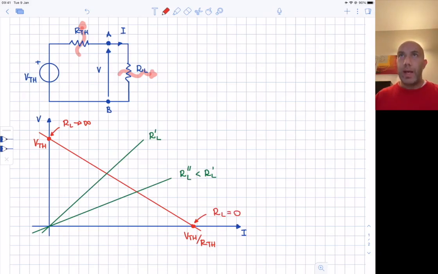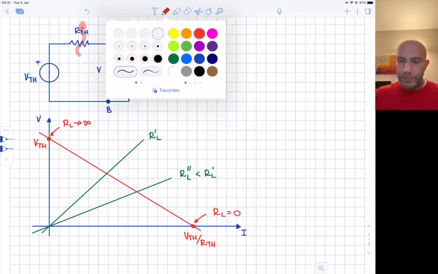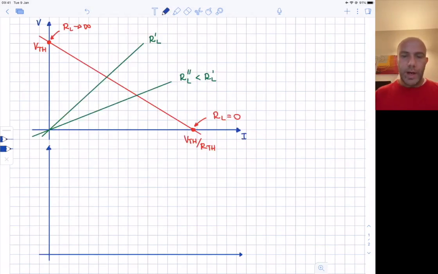Now let's try to analyze the behavior of the load power with respect to the value of the load resistance. When the load resistance is 0, we are in this point here. And when we are in this point, the voltage is 0.